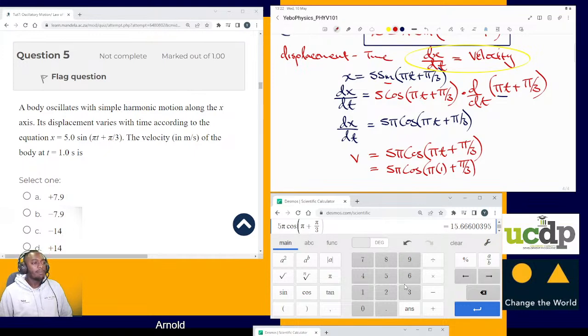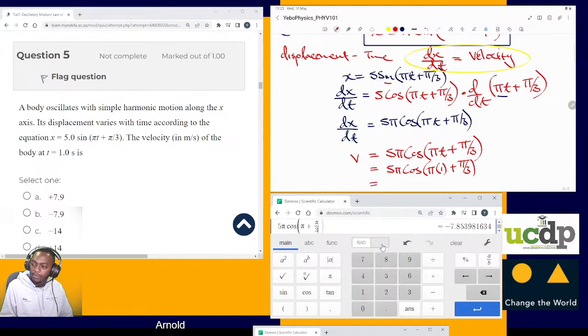So we get 15.6. If you check the calculator, this is in degrees. So we have to convert this to radians because our phase angle is in radians. So make sure when you are dealing with these problems, your calculator is set into radians.